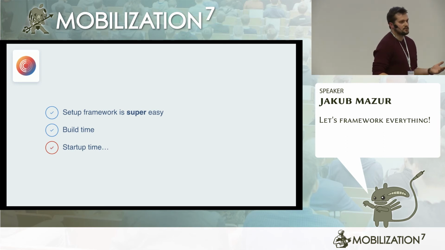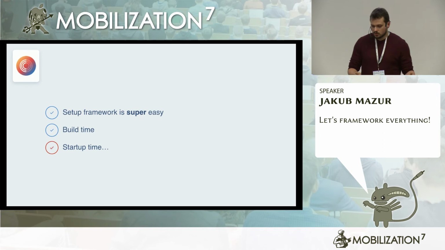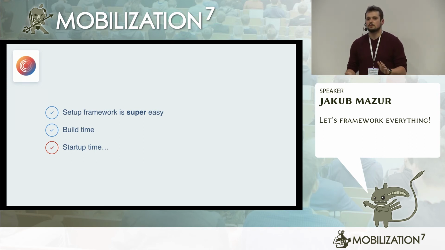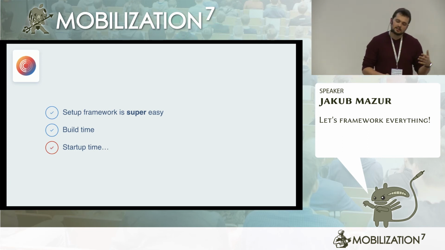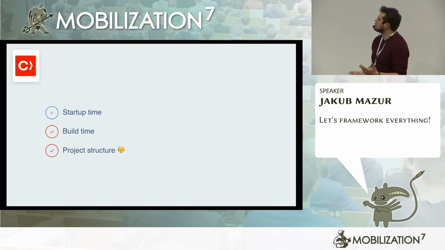Carthage supports only dynamic frameworks, which we want. But like I said, setting up frameworks is super easy. Its build time is extremely fast because it's precompiled, but the startup time of the app may suffer. CocoaPods is something similar.